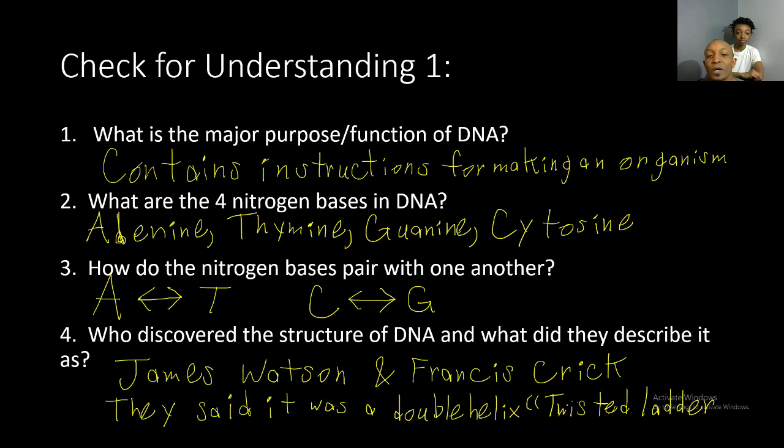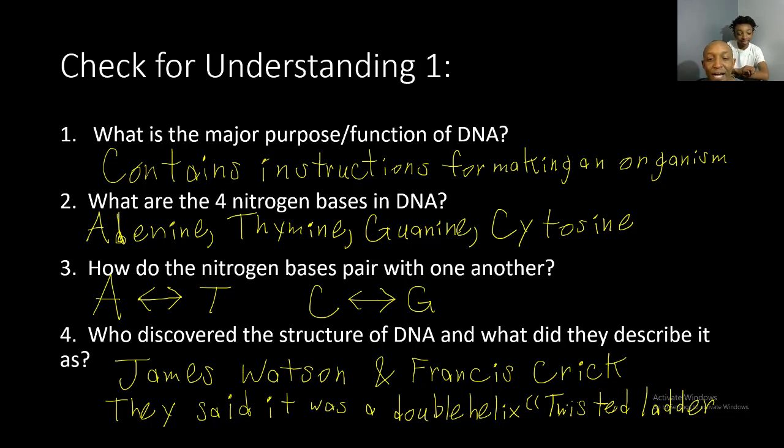So Jordan, number 1, what is the major purpose or function of DNA? The major purpose or function of DNA is that it contains the instructions for making an organism. Good. Number 2, what are the 4 nitrogen bases in DNA? Adenine, thymine, guanine, and cytosine. Very good.